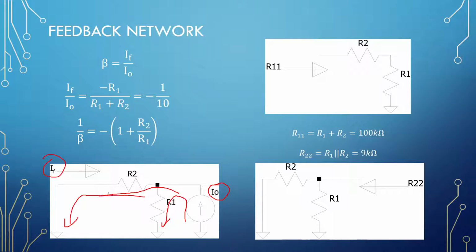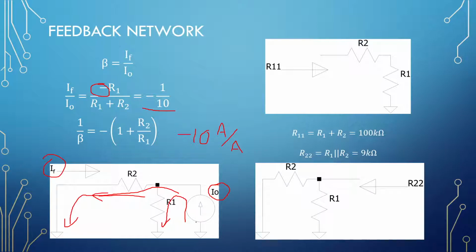Then we get the current in this direction, but since we should be looking in a different direction, we have the negative. Okay, so we have minus 1 over 10, and in the end, if we turn this around in the perfect setup, our output should be minus 10 amps per amp.